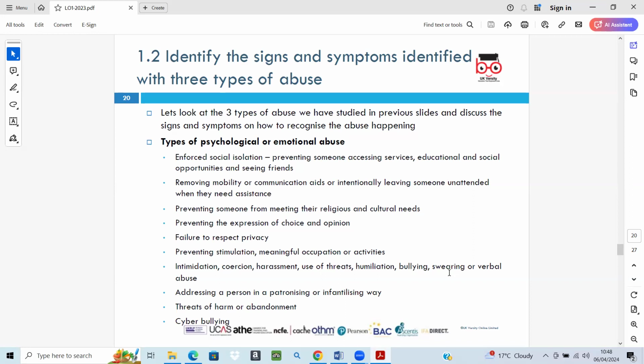The signs or symptoms would be the individual may appear fearful, overly reliant on the abuser, something like that. Then cyberbullying. Okay, now this is again in the modern world. It is important, which involves using digital platforms to harass, intimidate, or bully someone, and especially the youth is very affected by cyberbullying.